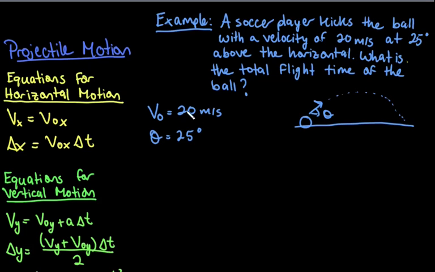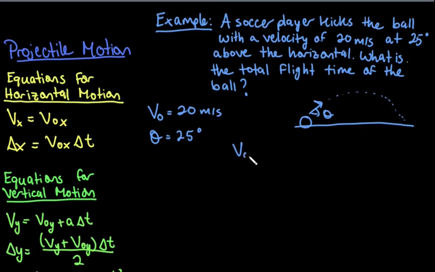Now, before we go any further, notice how this velocity combines the horizontal and the vertical motion. In order for us to solve this problem, we need to take this and make it into its different components. So we have to use vector components to do this. I'm going to do this really quickly right now.